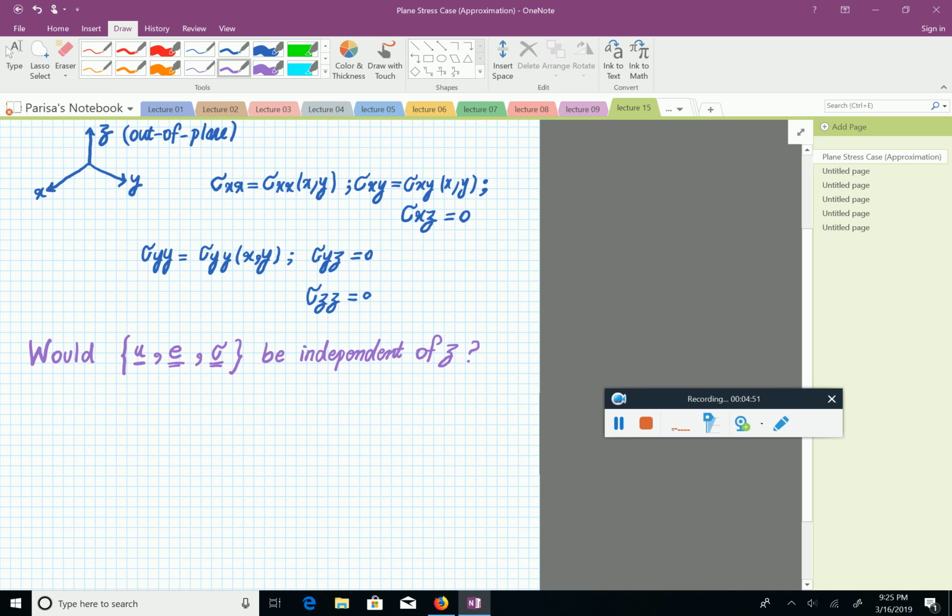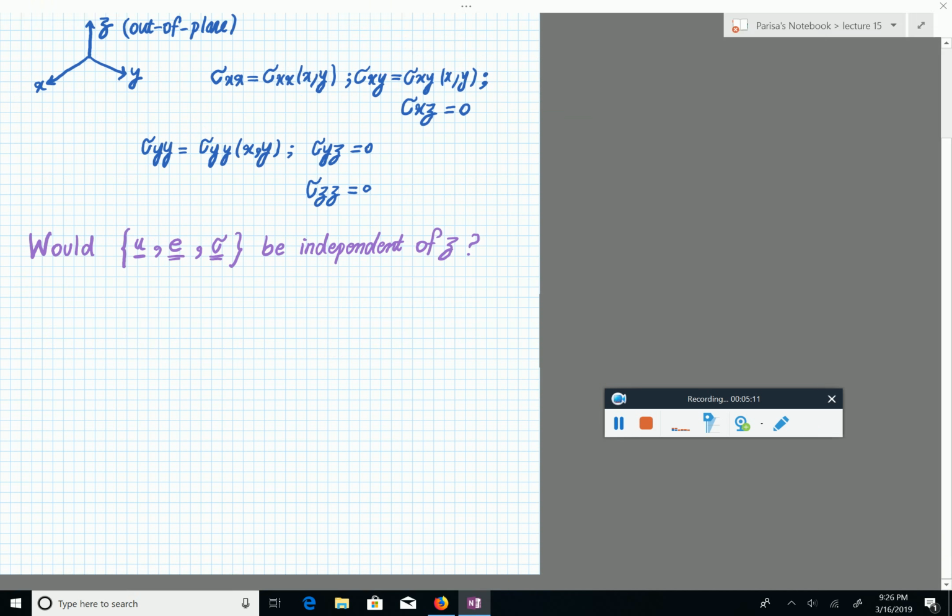In plane strain case, we saw that this was the case. Basically, displacement was independent of z, strain the same, so was the stress. The question is, under plane stress assumption, can we say the same thing?